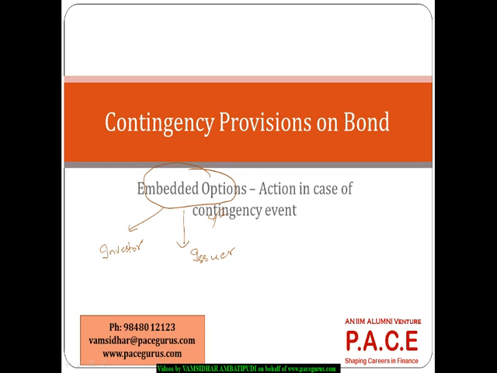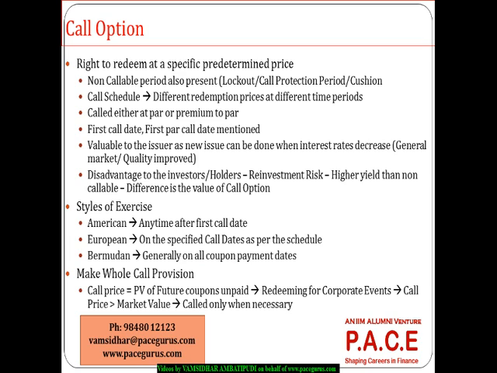So they are embedded, they are packaged, they are not sold separately, they don't exist separately, and on any kind of contingency event occurring, the action on those particular provisions is initiated. So there are a few such provisions that could be there on the bond. So we can look at each one of them.